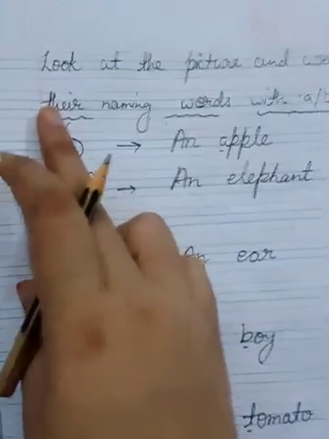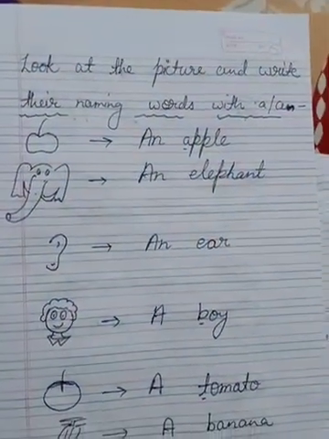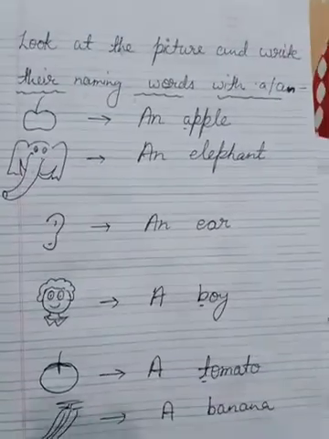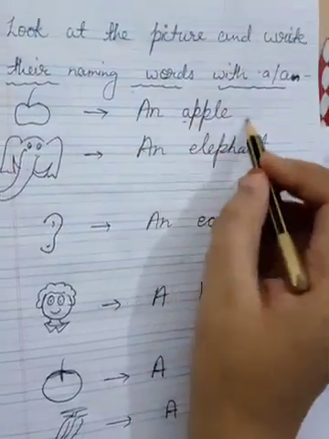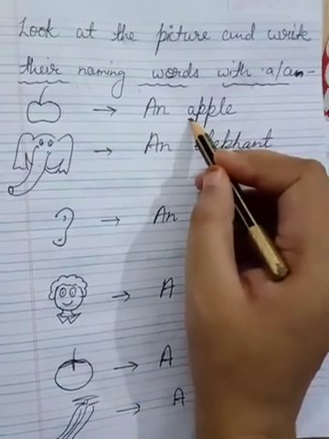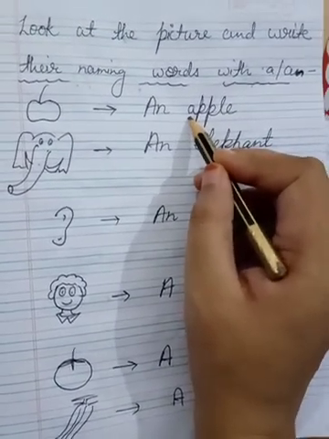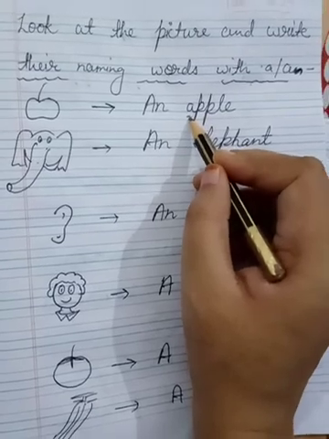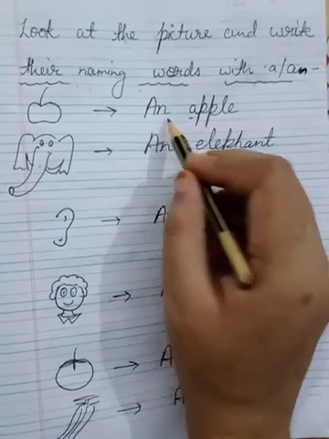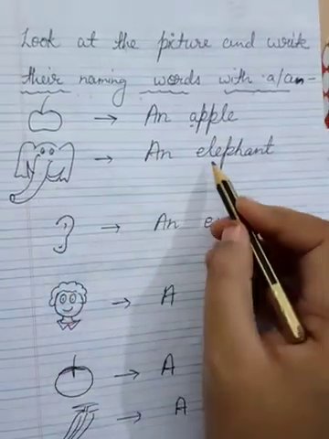The exercise is: look at the picture and write their naming words with a, an and the. So here, apple. See the apple spelling. It starts with a. Okay, means it starts with a vowel sound. So we will write an apple. This is elephant.